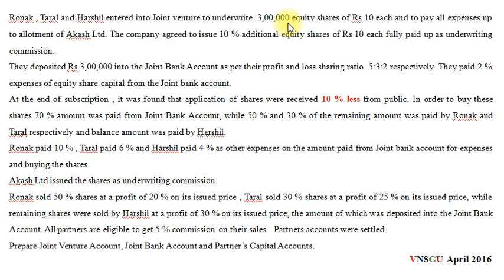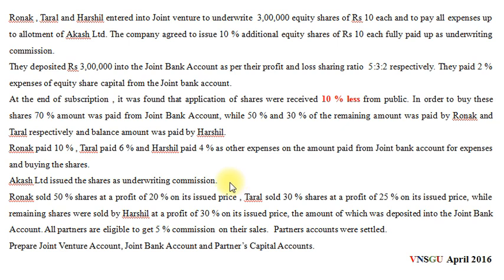So total amounts to rupees 3 lakh that we are going to receive as underwriting commission for joint venture. And this underwriting commission is nothing but income for joint venture. And our accounting entry will be shares account debit rupees 3 lakh to joint venture account rupees 3 lakh.